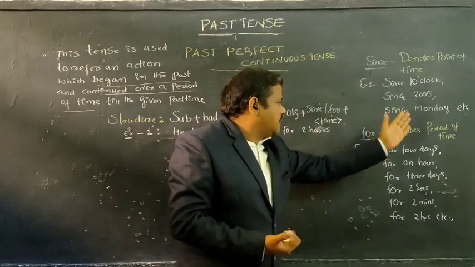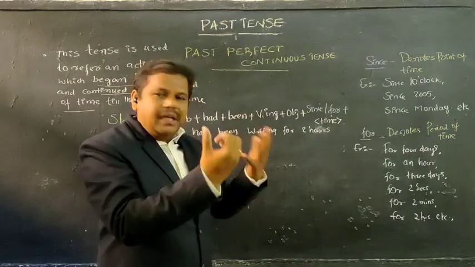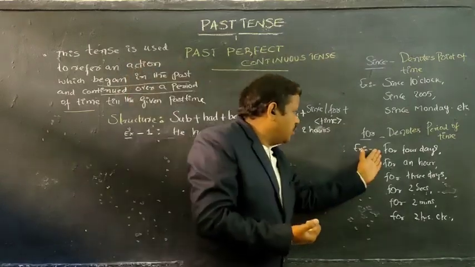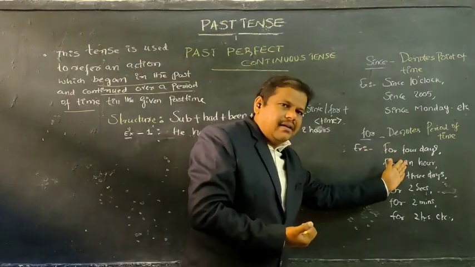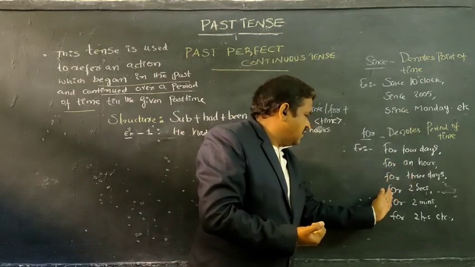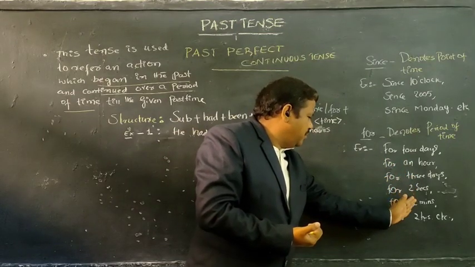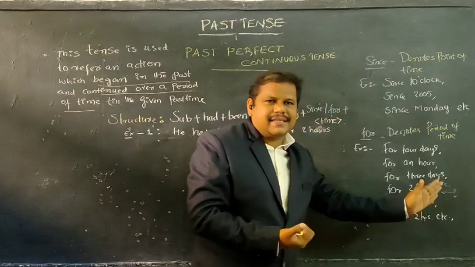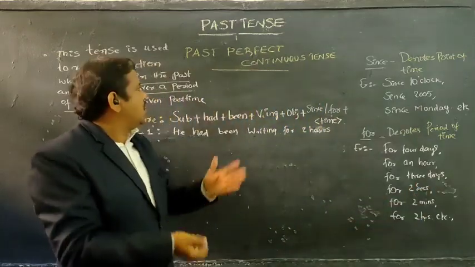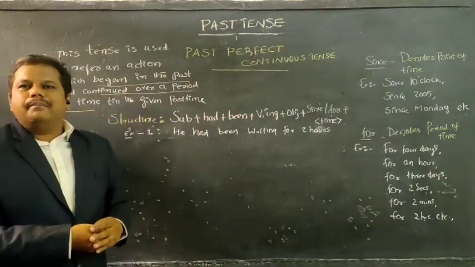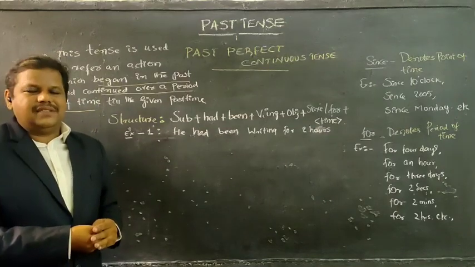Whereas for denotes a period of time. What is a period of time? For 4 days, for an hour, for 3 days, for 2 seconds, for 2 minutes, for 2 hours, etc. This is very important when you use the past perfect continuous tense.